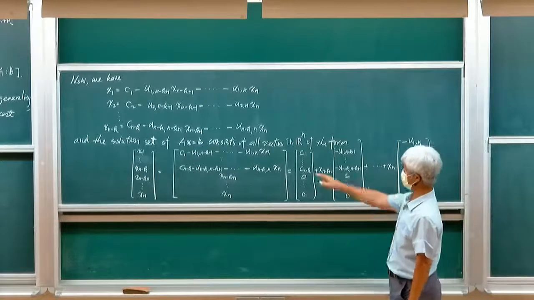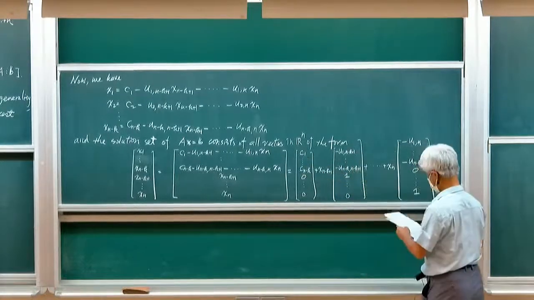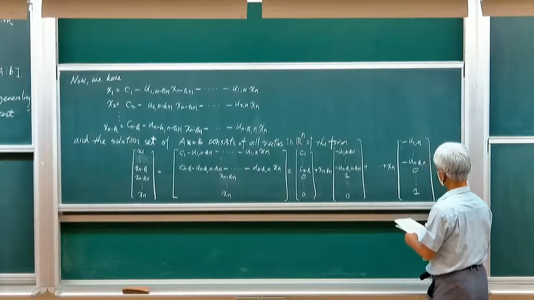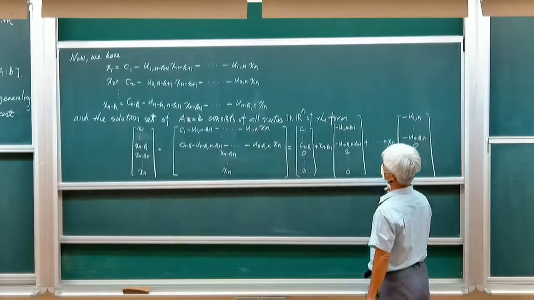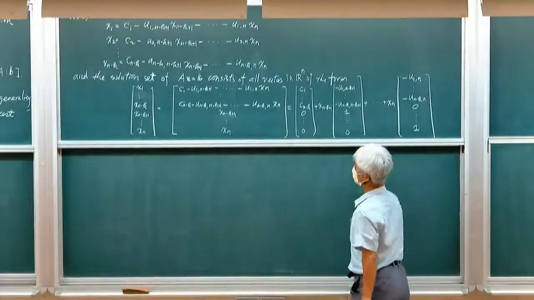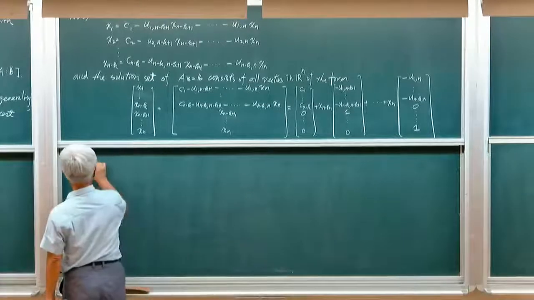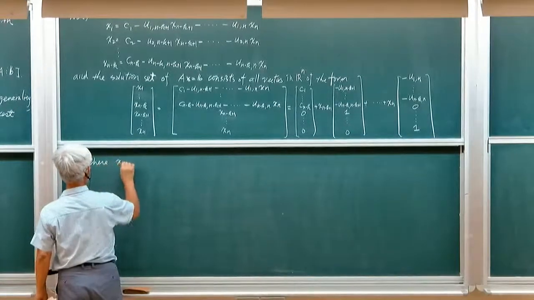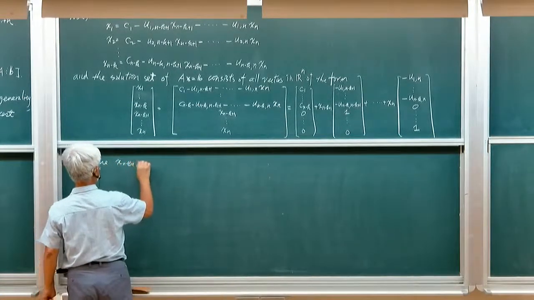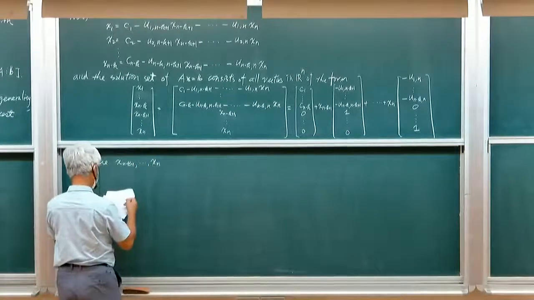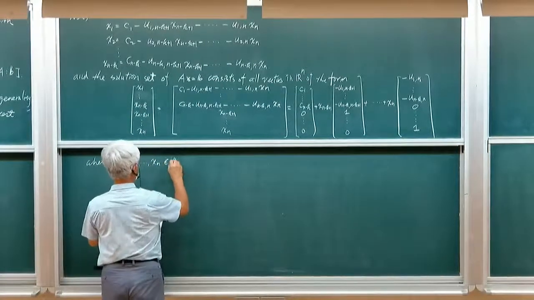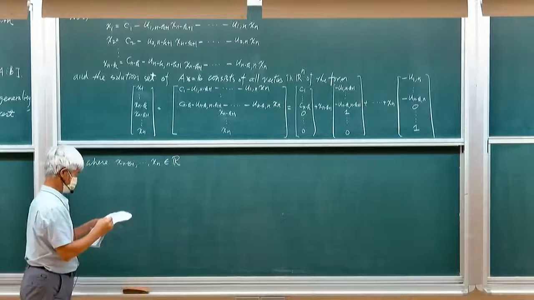So the solution set becomes that one, where x_{n-k+1} up to x_n are in R. They are free.